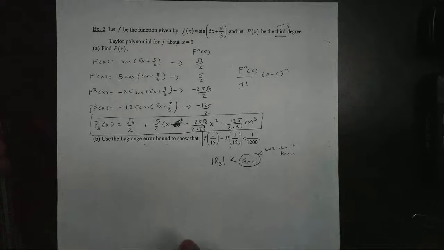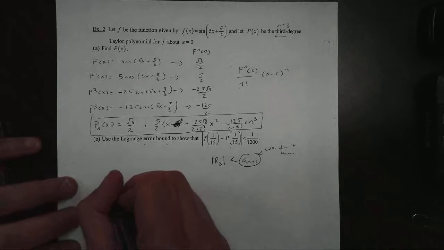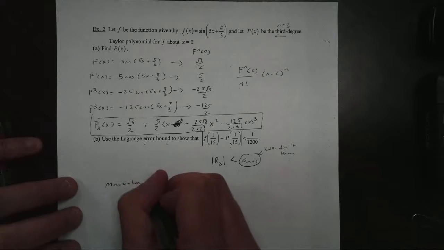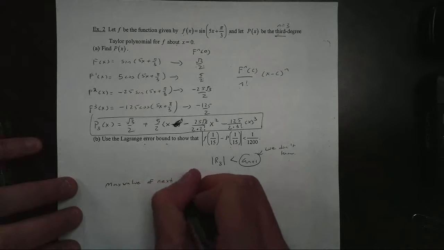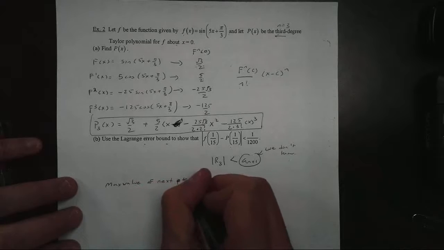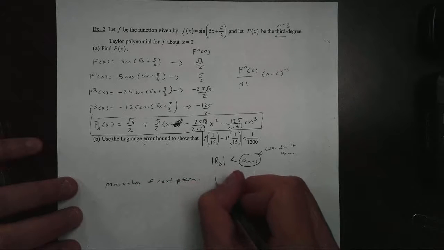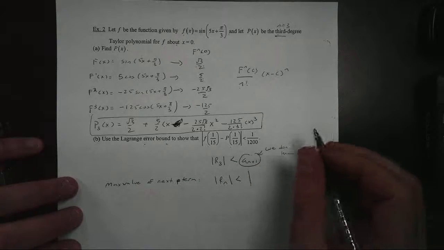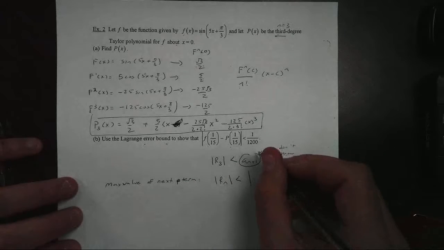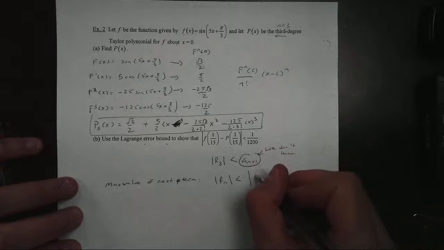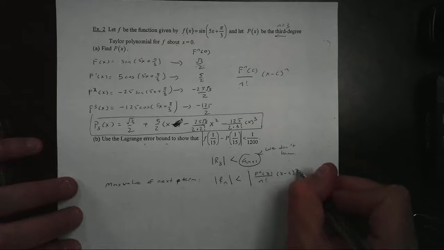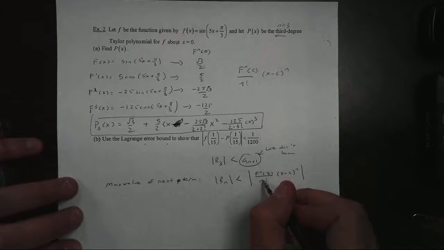So what Lagrange says, well, to get the maximum value of the next term, he just used the Taylor polynomial itself. He said to get your error, it's going to be less than the absolute value, positive, of f of n of z, we'll talk about that in a second, over n factorial times x minus c to the n. Well, all these we kind of know.